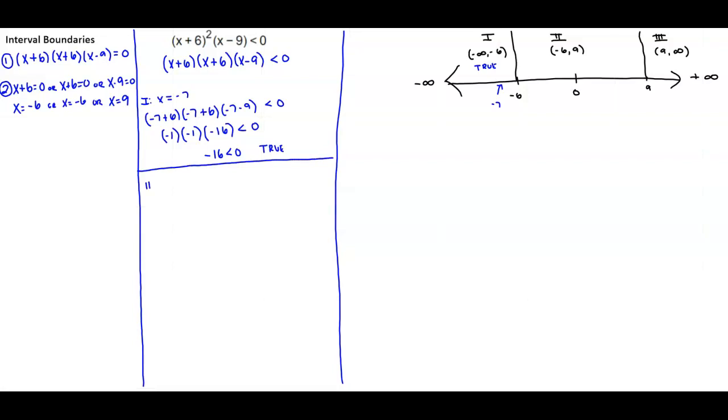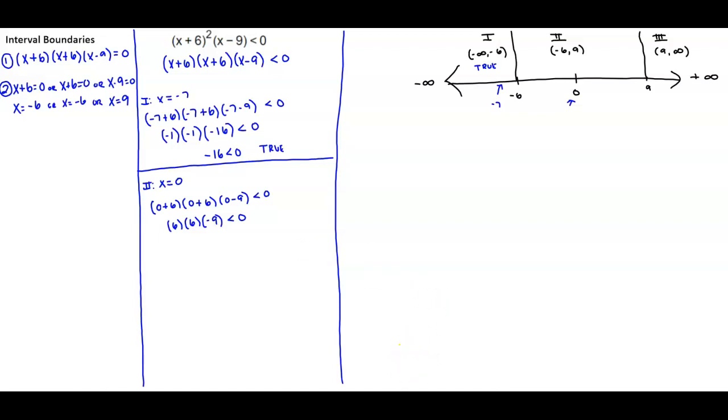Let's take a look at region number 2. We're going to pick 0 for x. So we have 0 plus 6 times 0 plus 6 times 0 minus 9. So we have 6 times 6 times negative 9.